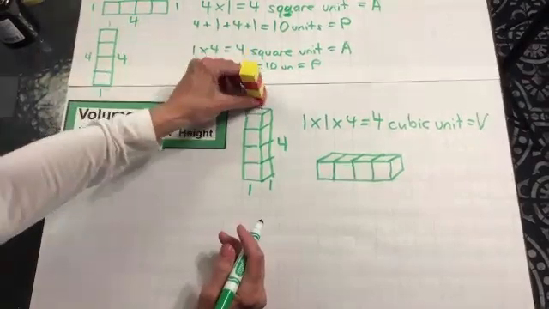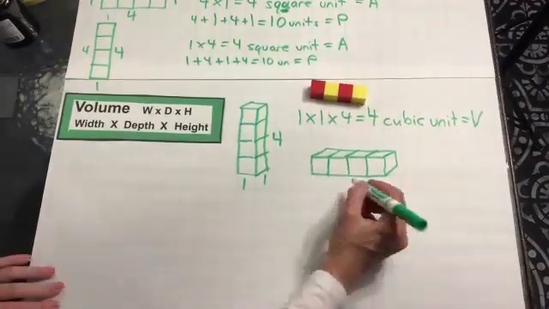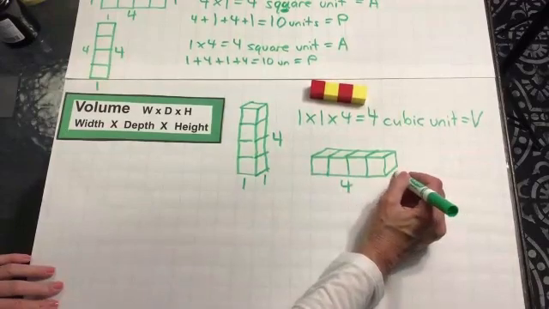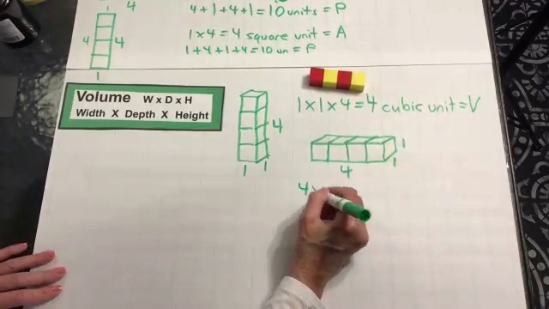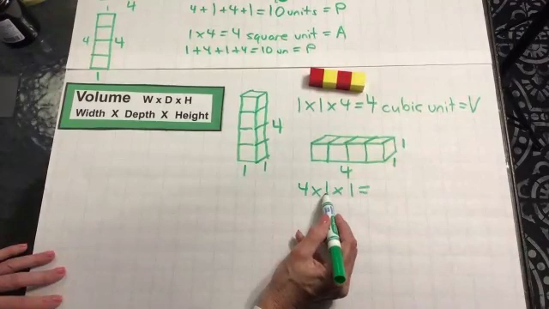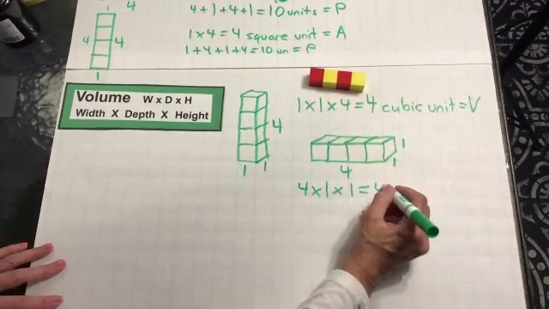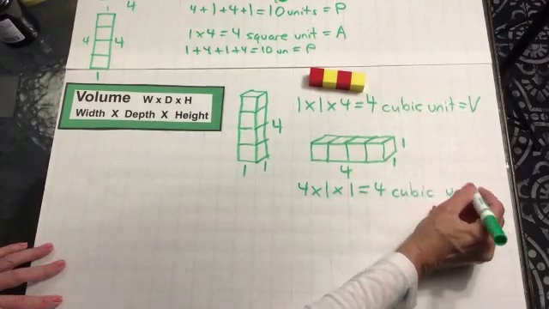So that would be this, not standing up this time, but laying down. And that would be a 4 by 1 by 1. So again, we would write 4 times 1 times 1 equals 4 times 1 is 4 times 1 is 4 cubic units.